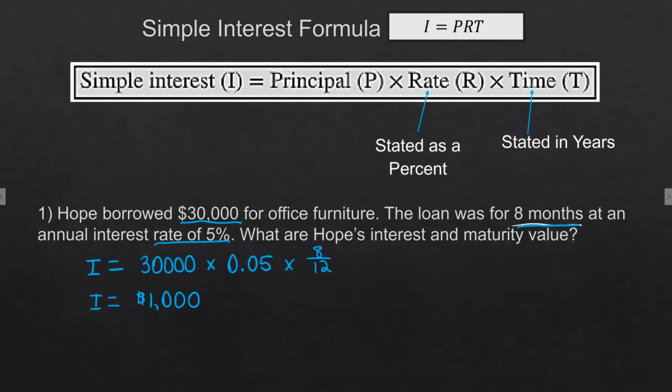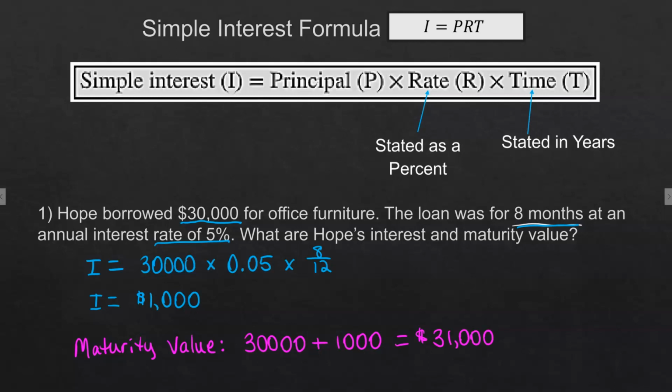And once we know the interest, we can calculate our maturity value. I'm going to write that out. And that's basically just the principal we borrowed, the $30,000, plus the amount of interest. And so at the end of this loan, at the end of the 8 months, we're going to owe $31,000.